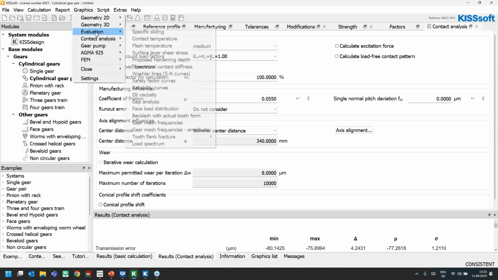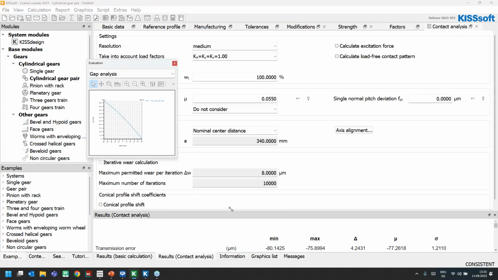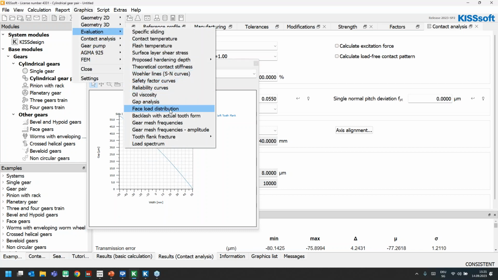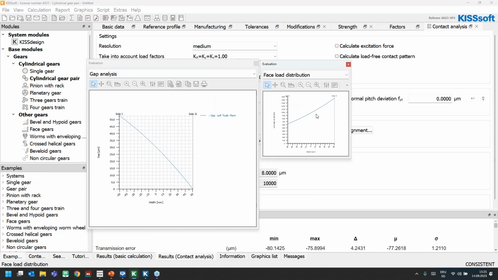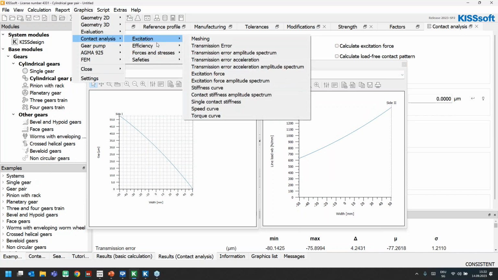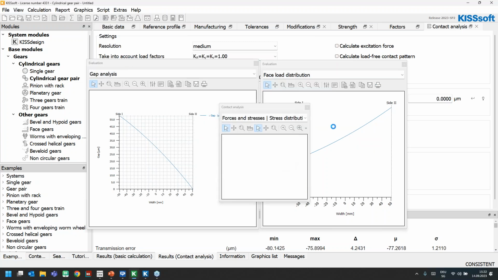So let us first have a look at two important graphics. This is the gap analysis, which I will explain in a moment. It is the face load distribution graphic. This is now one-dimensional on the operating pitch circle, but through the contact analysis, we can now also see this stress distribution directly on the tooth, as a two-dimensional problem.